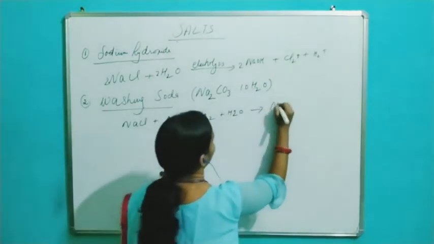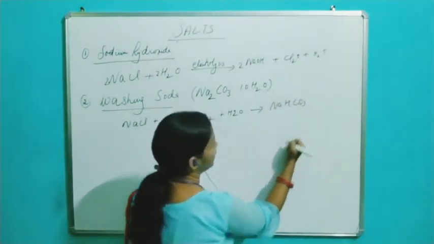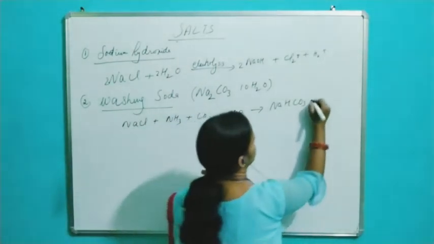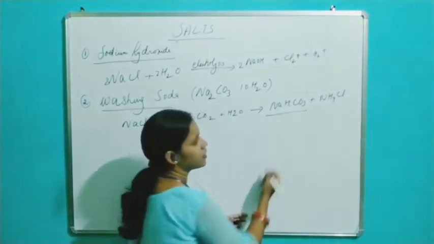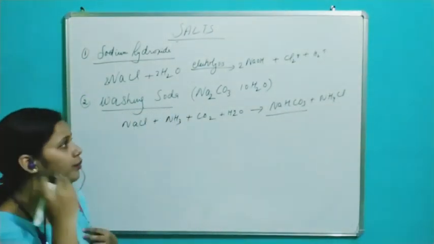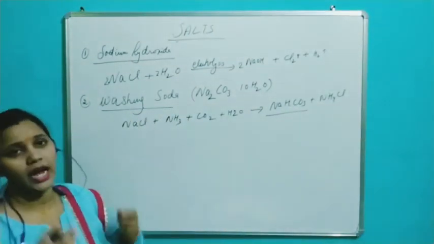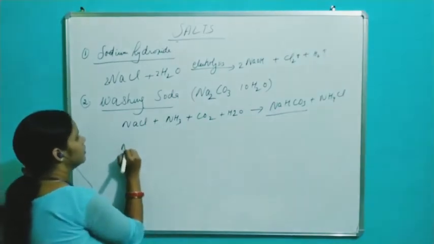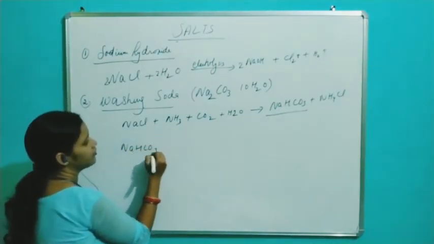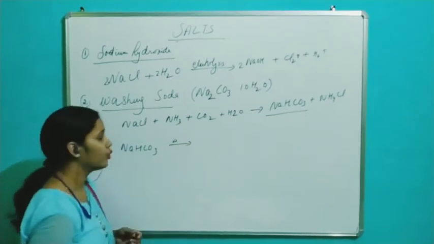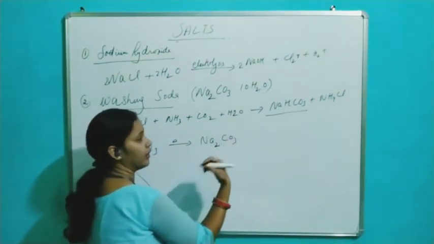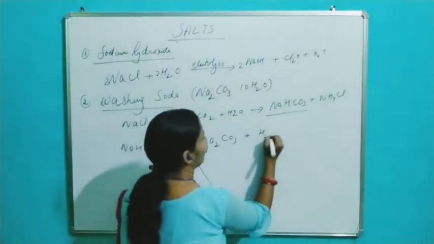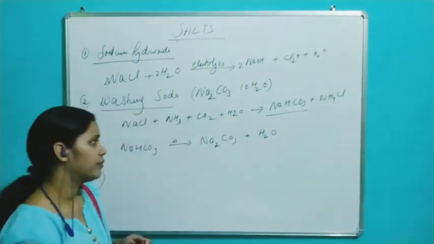to form sodium hydrogen carbonate and NH4Cl. This sodium hydrogen carbonate is precipitated out as solid, and then this is further heated to form the anhydrous sodium carbonate along with water and carbon dioxide.